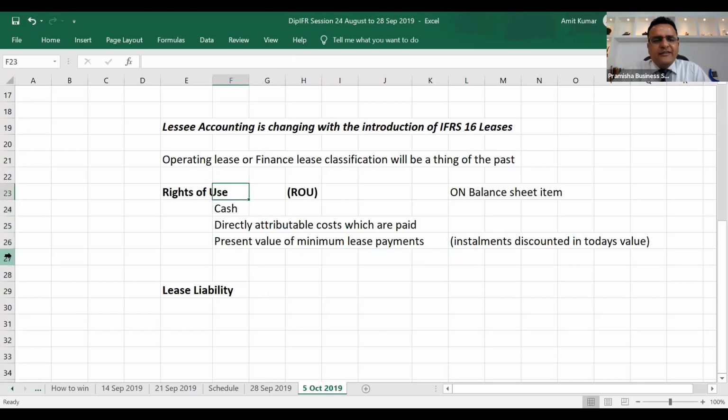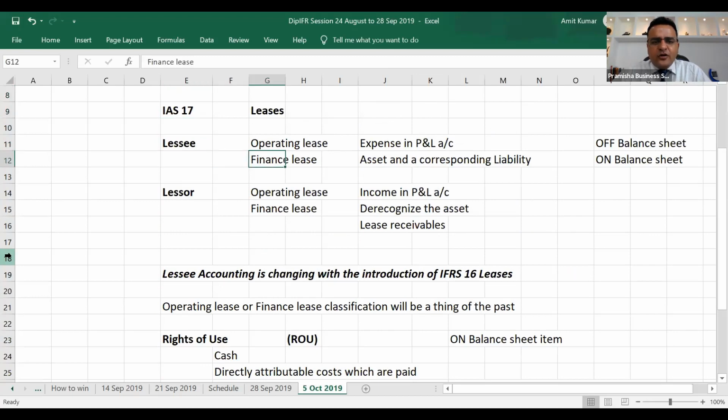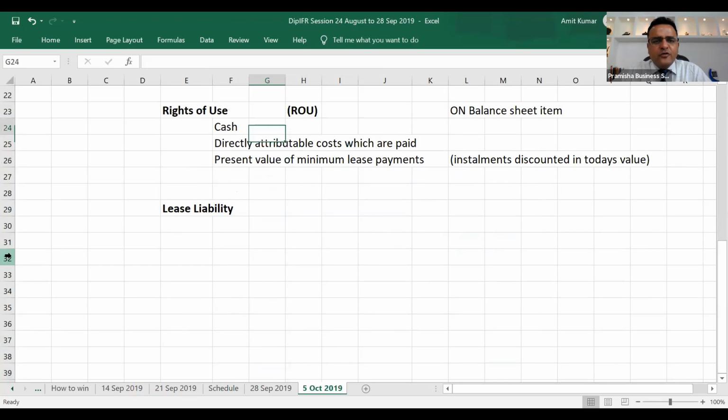Now your right of use asset may be a bigger amount in comparison to your lease liability. Earlier, the finance lease was equivalent to the liability, but there is no such thing now, because right of use may be a combination of your cash payment, a directly attributable cost, and the present value of minimum lease payments, the installments you have agreed.